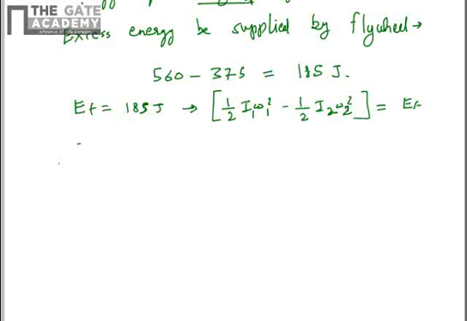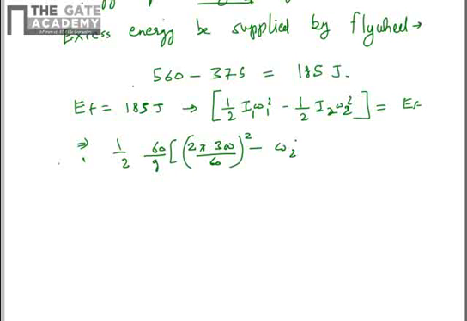So if you put in the values, you know the moment of inertia of the flywheel, that is given as 60, we'll take this out common, divided by g, where g is the gravitational acceleration, following our standard convention for the moment of inertia. And then omega 1 we know as 2 pi n by 60, so the input speed is 300, 2 pi into 300 divided by 60, whole square.